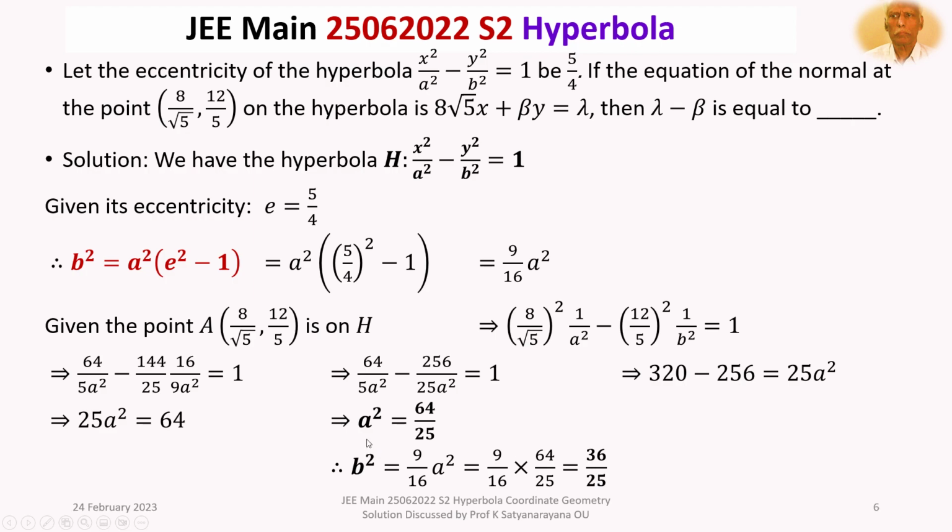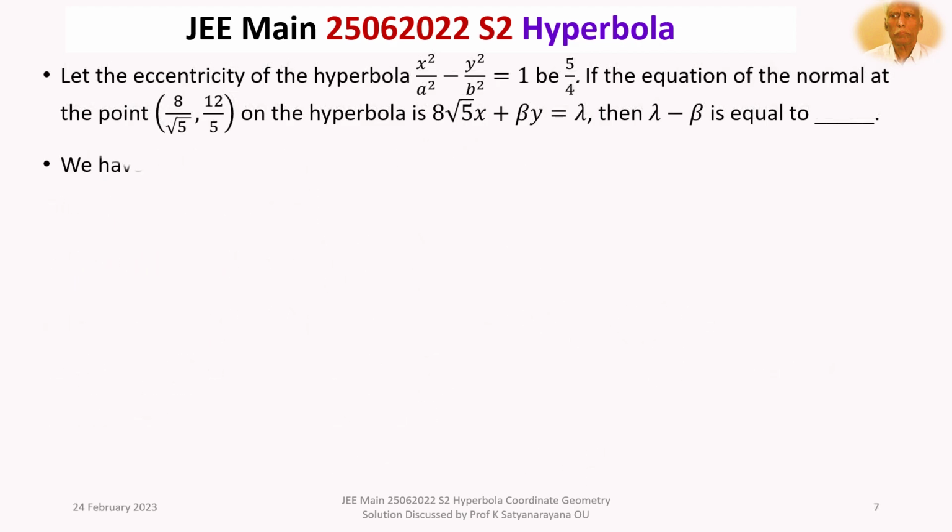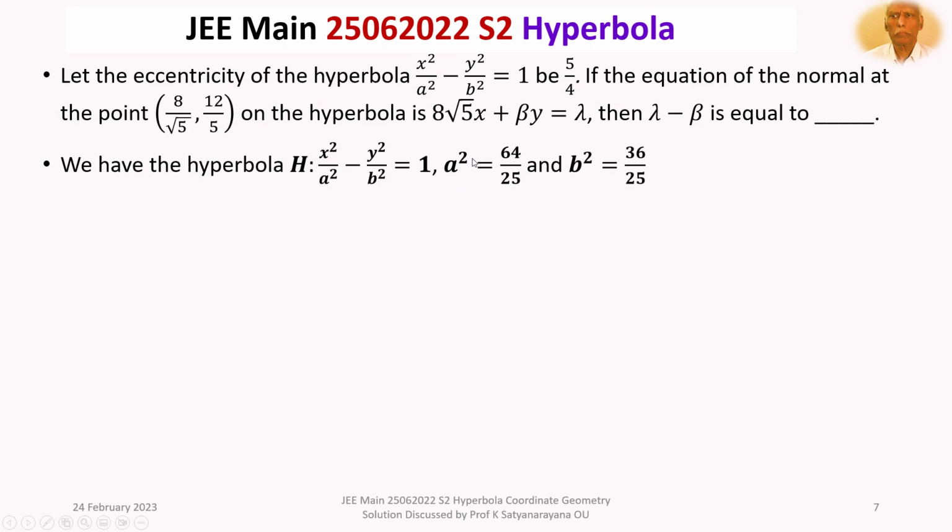Thus we got a square, we got b square. That means the hyperbola is completely known to us. We have the hyperbola H, a square is equal to 64 by 25, b square is equal to 36 by 25, brought forward from the last slide.